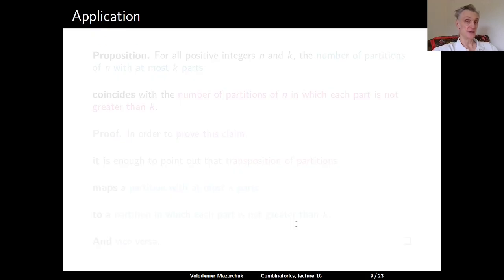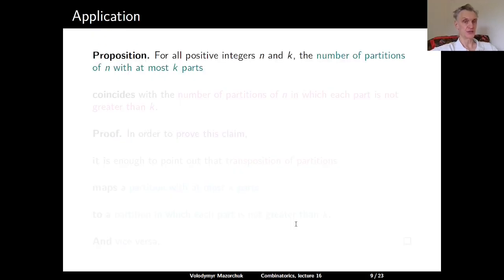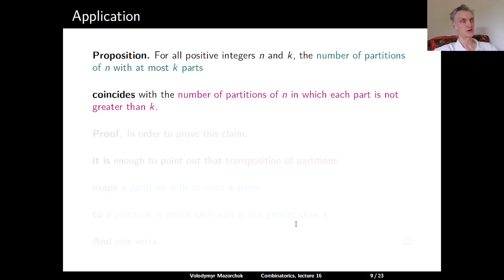This has a very nice application, proposition. For all positive integers n and k, the number of partitions of n with at most k parts coincides with the number of partitions of n in which each part is not greater than k. Proof?